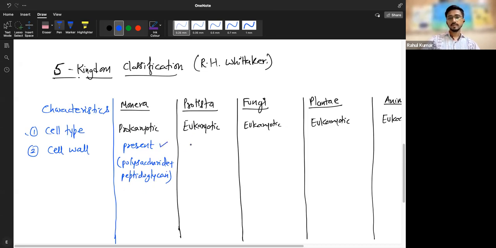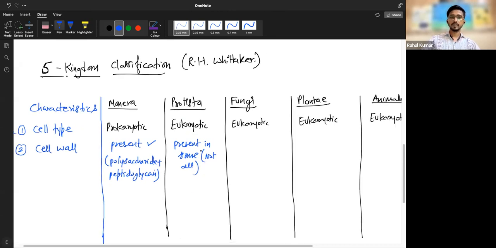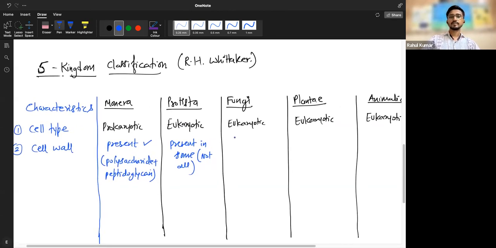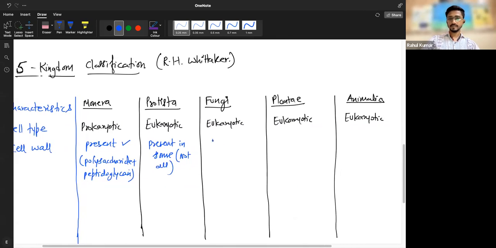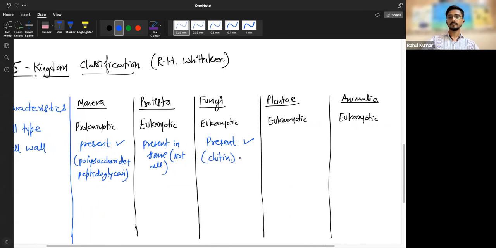In Protista, it is present in some, not all. So this is one difference, and of course it is eukaryotic, so that is another difference. Then in fungi, it is present in all, and it is made up of chitin, a different type of cell wall.